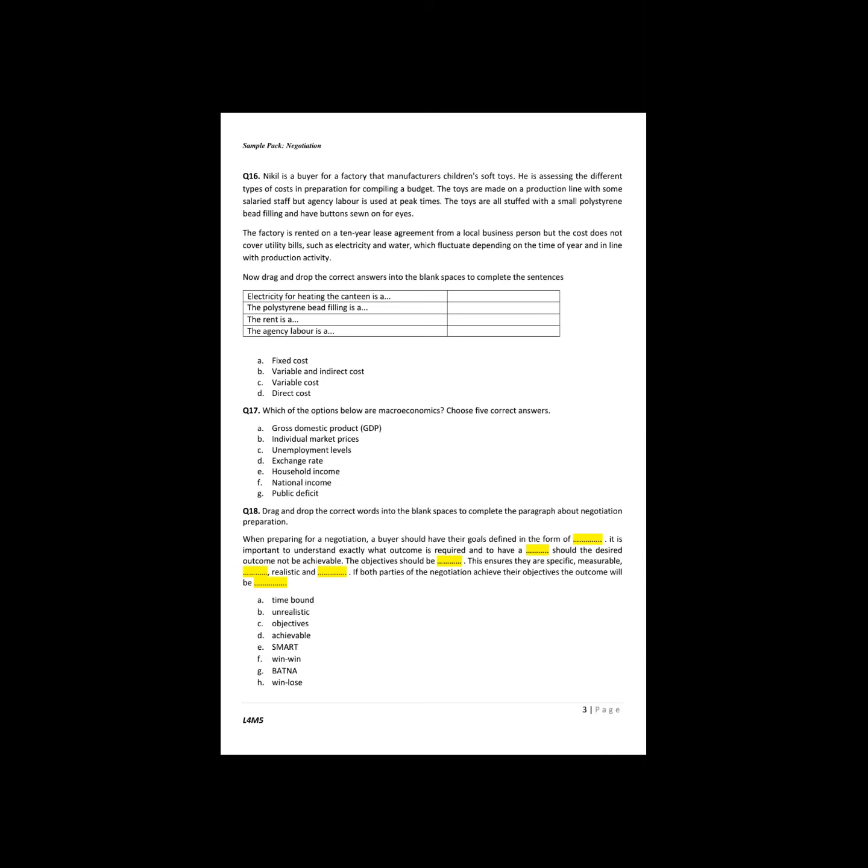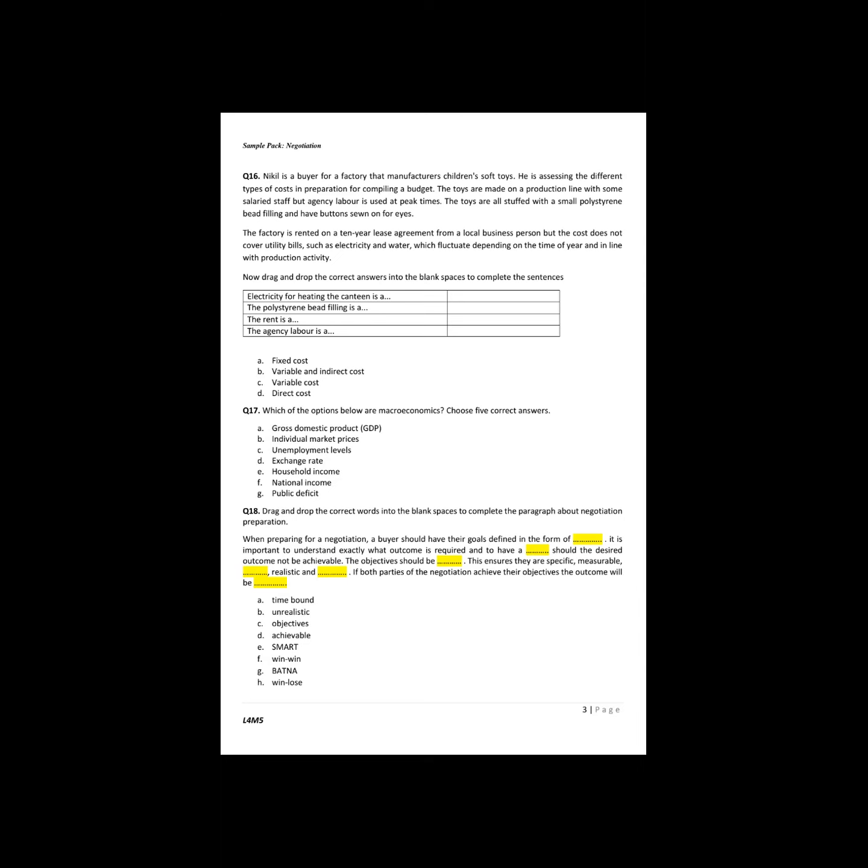Now drag and drop the correct answers into the blank spaces to complete the sentence. On the first column, we have electricity for heating the canteen is a dash. So here we are looking at the type of cost. We have fixed cost, variable and indirect cost, variable cost, direct cost.